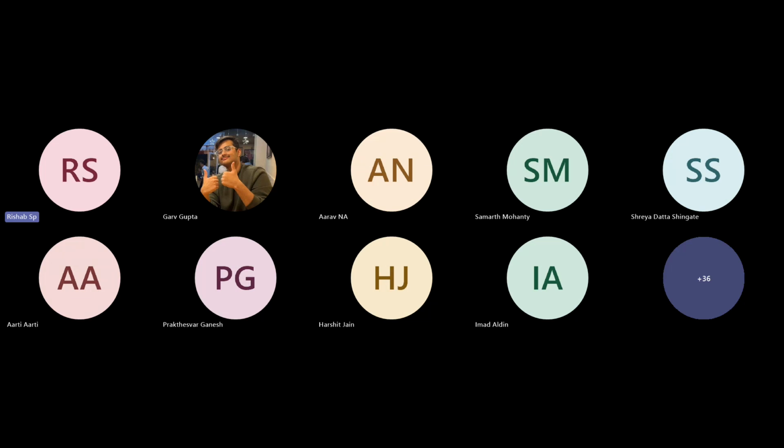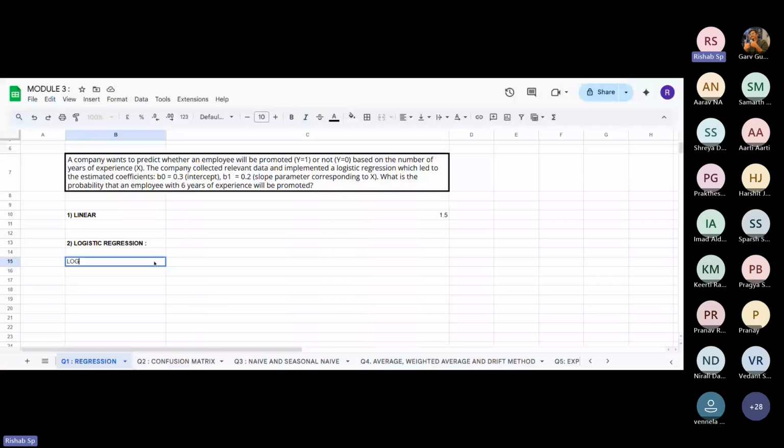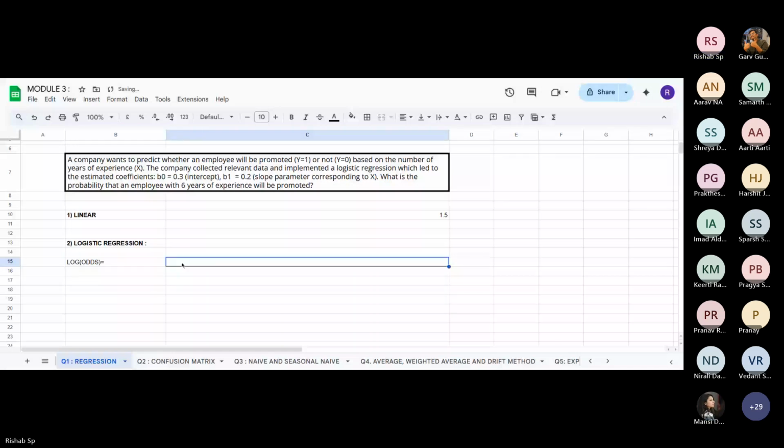Yes. So basically, log of odds is equal to beta 0 plus beta 1 into x1, till beta n into xn. So simply we can say that log odds is equal to the linear regression.